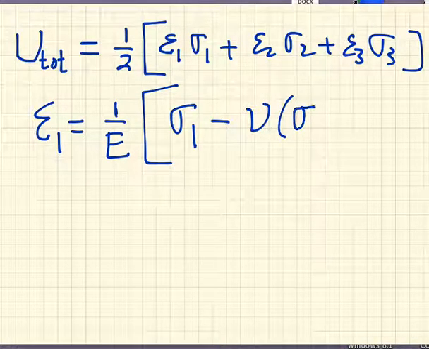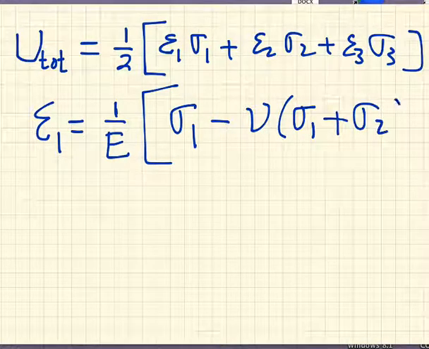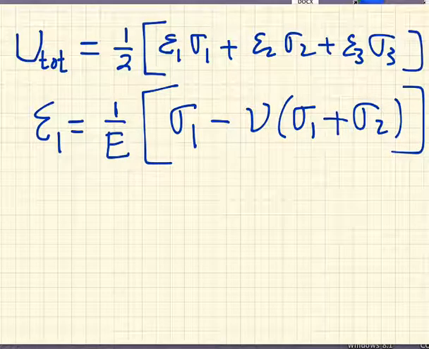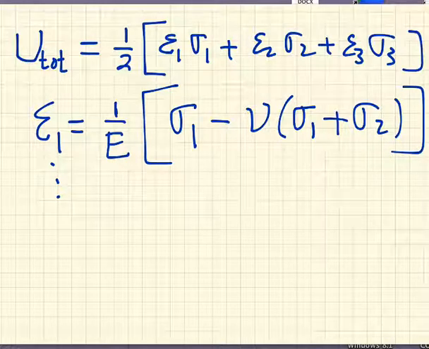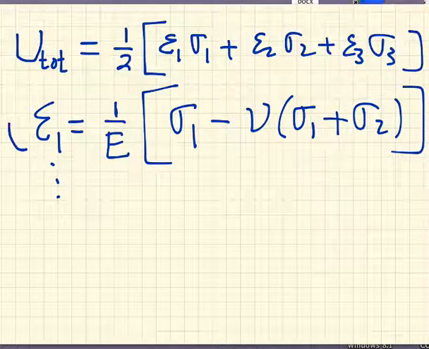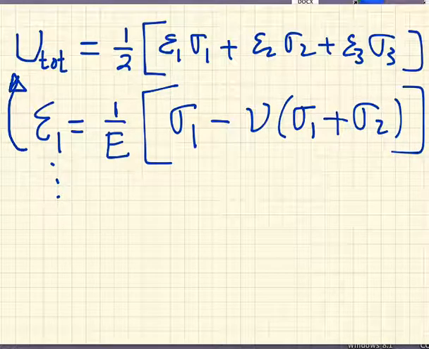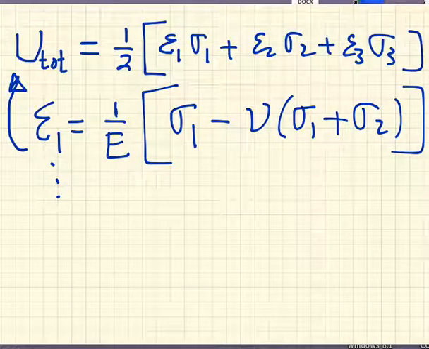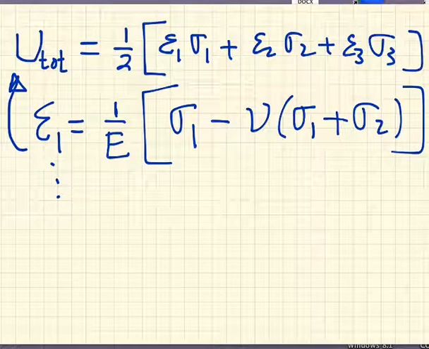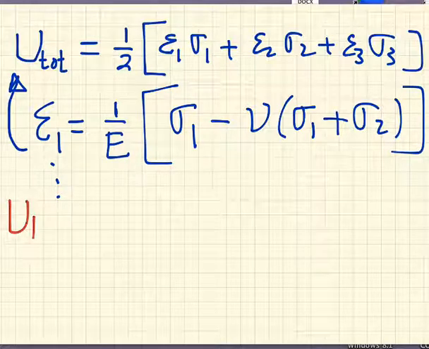If we have other components of stress on the material, each one will give you a Poisson contraction, and so forth. So we can write epsilon 2 and epsilon 3, and then put these back into the total energy per unit volume, which is just substitution with algebra.